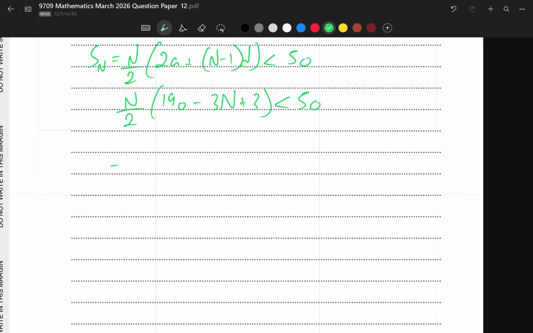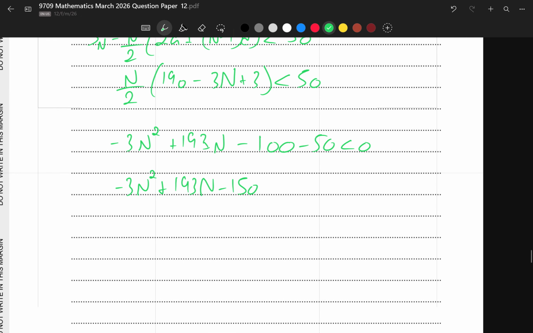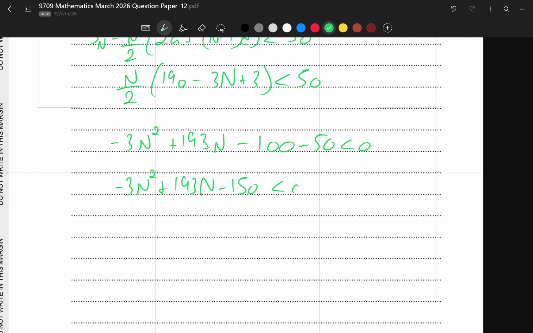So minus 3n square plus 193n minus 100 must be, let's just shift this to the other side. So minus 100 minus 50 less than 0, minus 3n square plus 193n minus 150 less than 0.